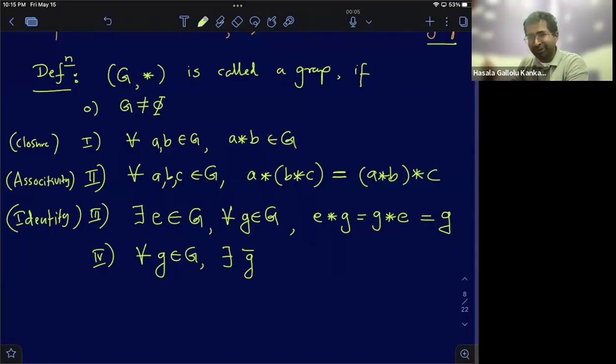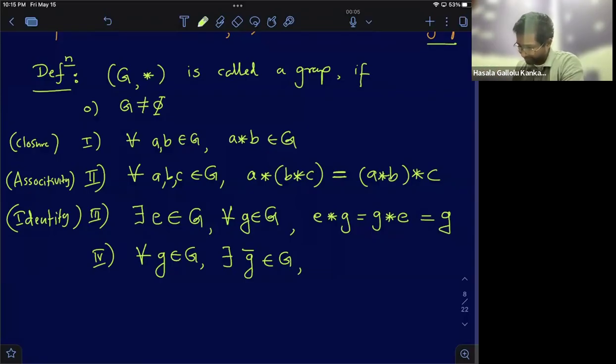So I wanted to have that inheritance somehow shown in this combination. So depending on G, there's a G bar, a different element. Need not be different. Sometimes the element itself could be its own inverse. We have all of these possibilities.